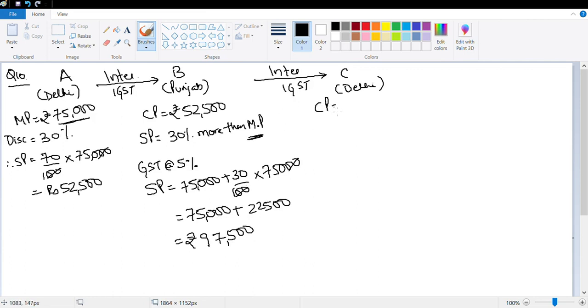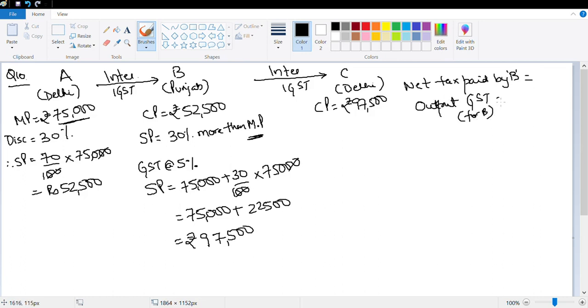This would have been the CP for him, which is 97,500. This is without tax. So we need to calculate the tax paid by wholesaler B to the government, which means the net tax paid by B. This will be equal to output GST for B minus input GST for B. Let's calculate output GST.